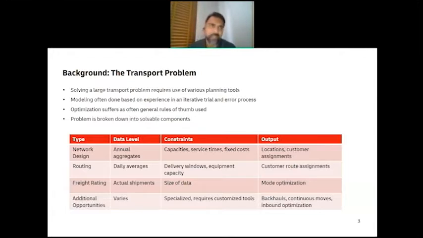You can't expect a truck or a trailer to always have load which needs to go to a customer on it, right? So if you can figure out a combination of deliveries which you can put on one trailer, that would really reduce the overall cost of your transportation spend, right? That's basically the overall transportation problem broken down into these separate sub-problems.